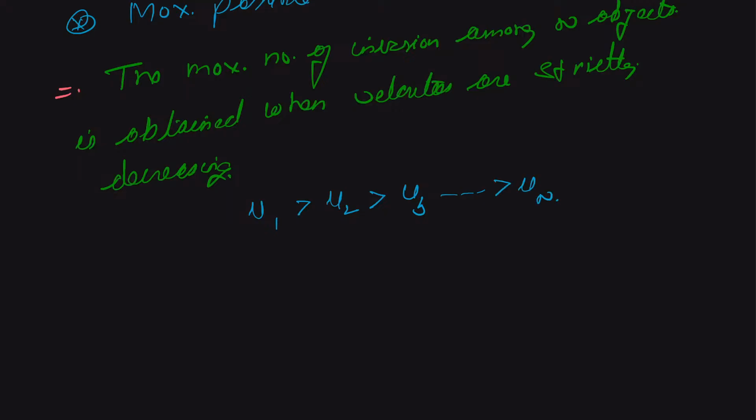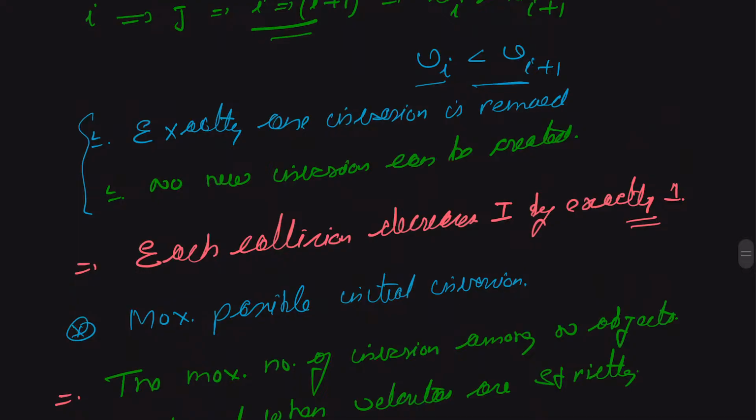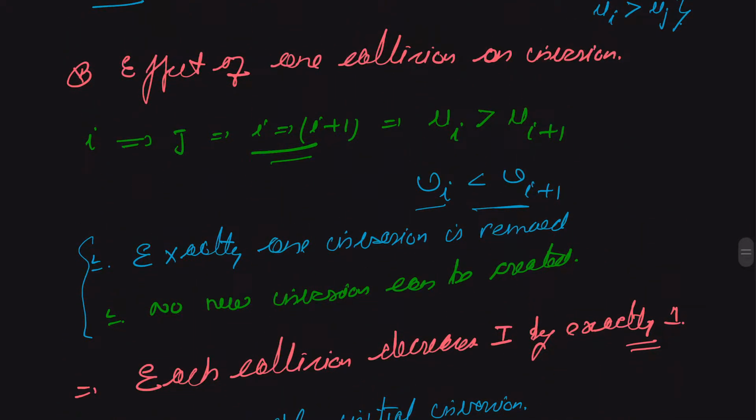Under this condition only, the maximum inversions take place, because inversion is related to collision. We just proved that each collision decreases the inversion by exactly one, so whenever there is a collision, the inversion is reduced.